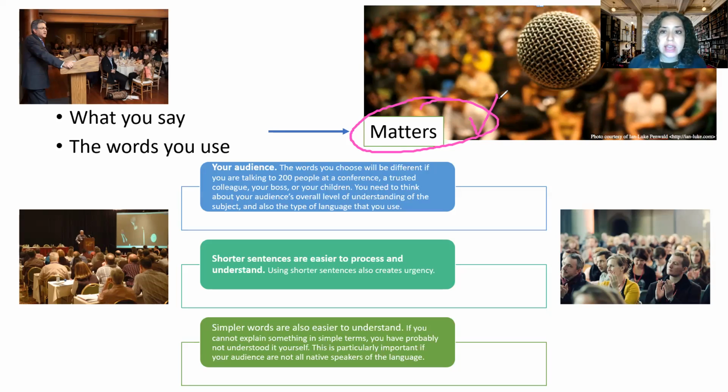It is not the same if you are speaking to children or if you are speaking to people of different education backgrounds or different economic levels.